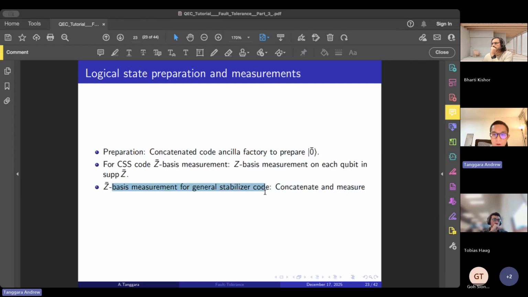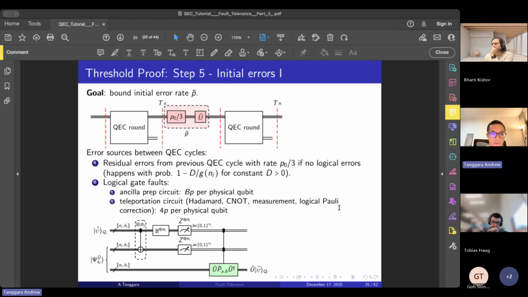But if it's a general stabilizer code, then we need to do this concatenated procedure again. I'm not going to go into that; I'm just going to assume everything's a CSS code.